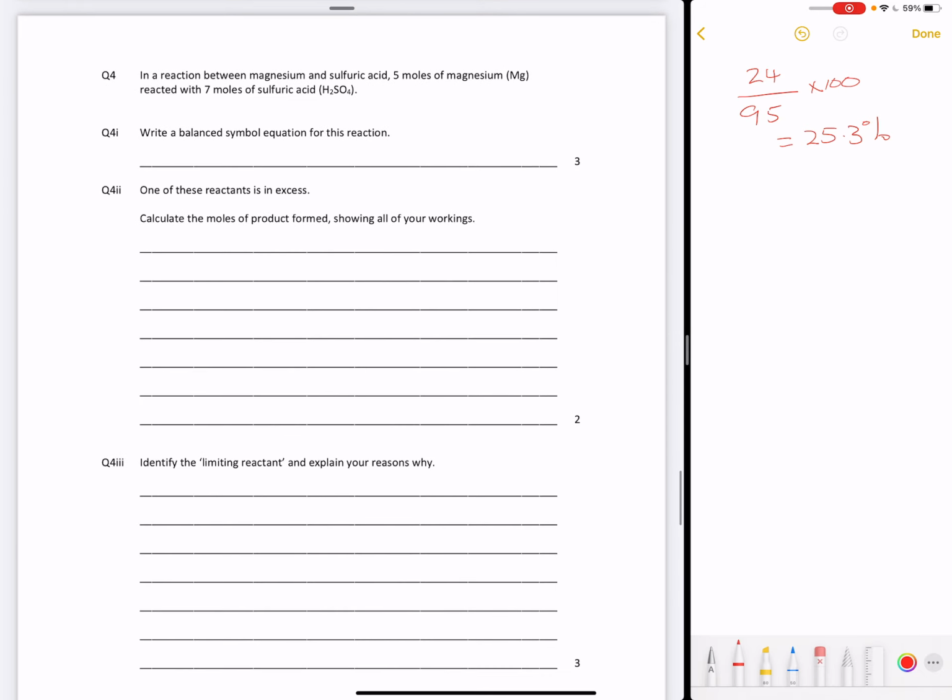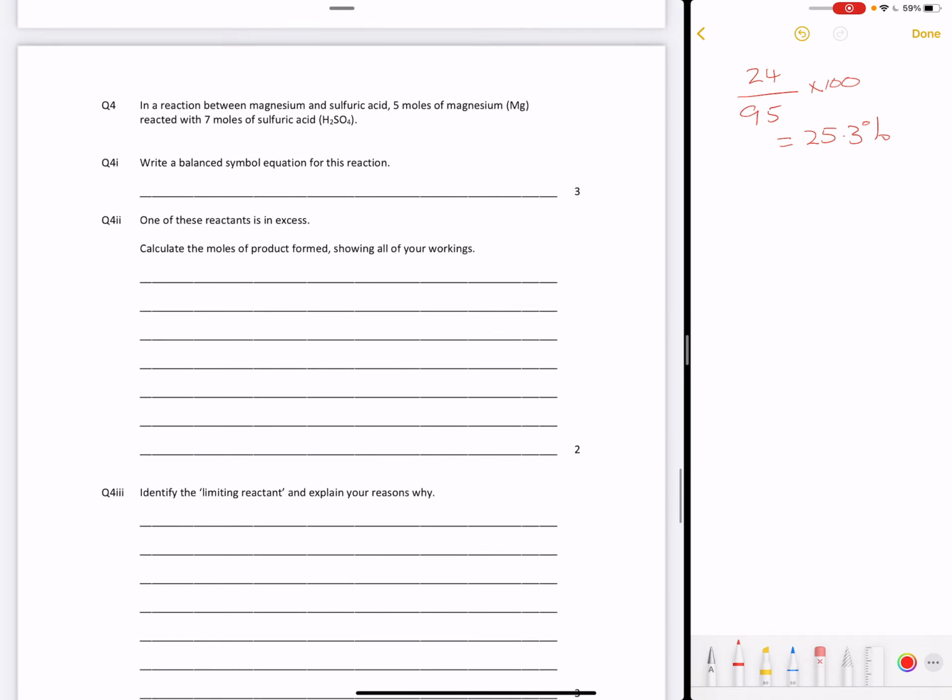Question 4. In a reaction between magnesium and sulfuric acid, 5 moles of magnesium react with 7 moles of sulfuric acid. Write a balanced symbol equation, 3 marks. So pause the video and off you go.